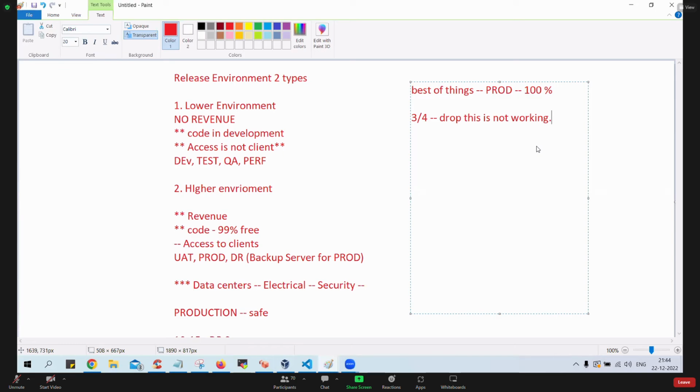That is not working only for him. You understood the question, guys? We did our best and kept the software on the production server and felt everything was 100%. After 3 or 4 days, somebody dropped a mail to the company saying that I am not able to access this application, or some trouble.